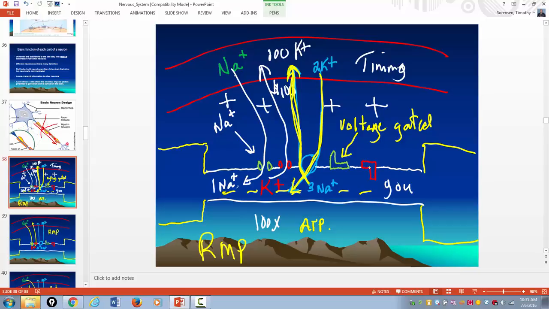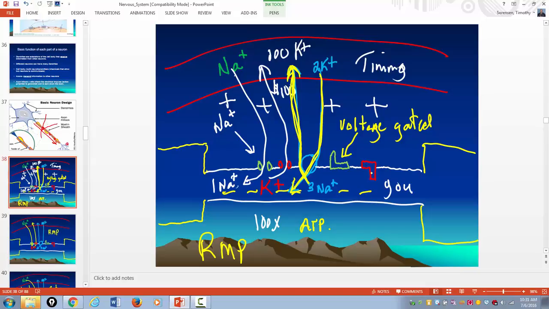These little channels will open or close when a critical voltage is reached inside that cell. Each one opens and closes at a different critical voltage inside that cell, inside that node. That's what allows the electrolytes to flood in or out.